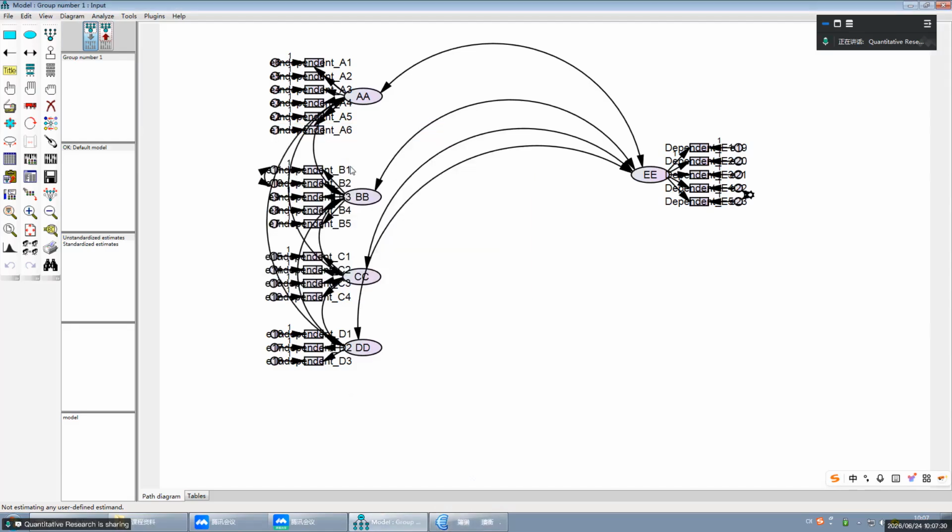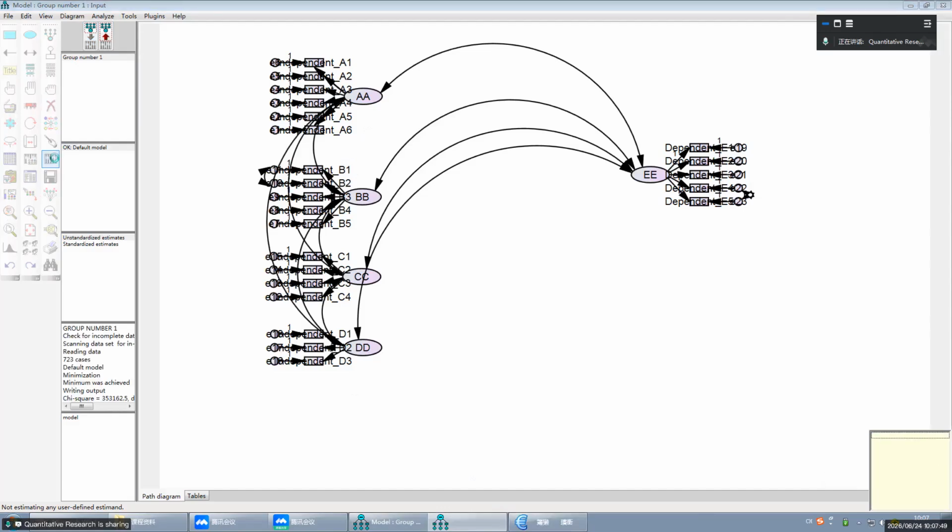So if I want to compute the CR and the AVE for A, I have to find out the factor loadings of these indicators. Okay, so now let's do the analysis.